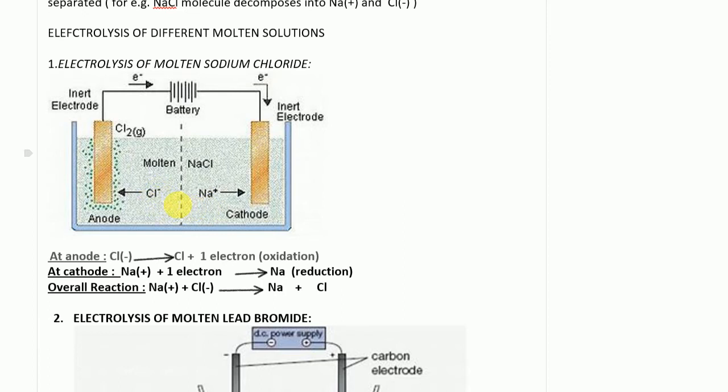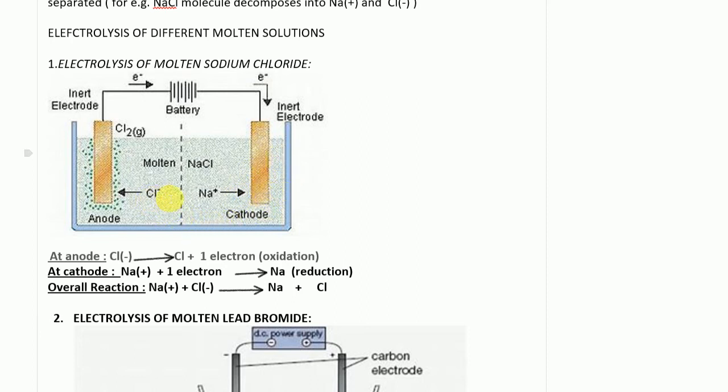As we all know that opposite charges attract each other, therefore Cl-, which is negatively charged, will get attracted towards anode which is positively charged, and Na+, which is positively charged, will get attracted to cathode which is negatively charged. Due to this attraction, all Cl- ions will be formed near the anode and all Na+ ions will be formed near the cathode.